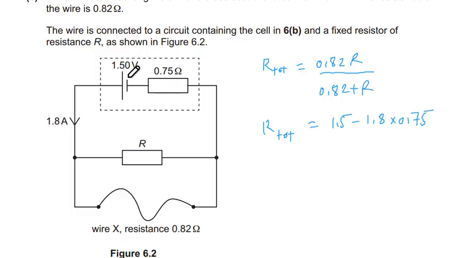So VB minus this potential drop gives the potential between the terminals. This potential is applied on R. So if we divide it by the current, we can find R.